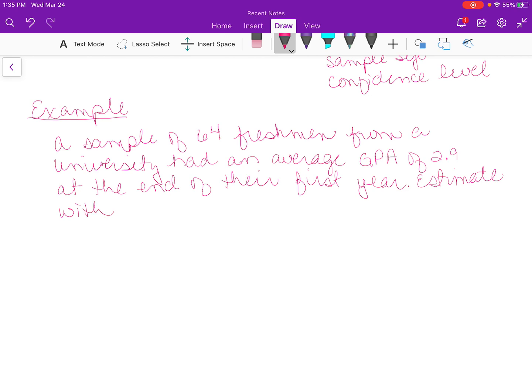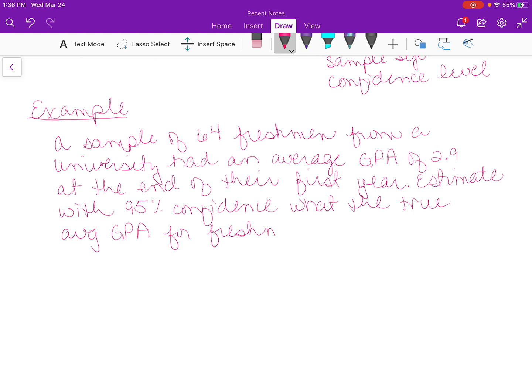Estimate with 95% confidence what the true average GPA for freshmen at this university should be.